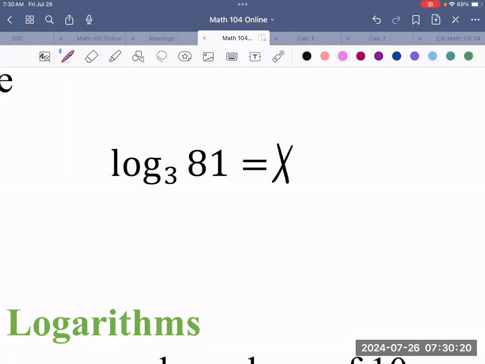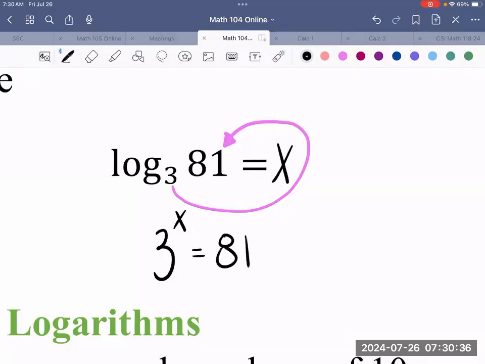So we can certainly swoop, starting at your base of 3, coming up and around x and landing on 81. So this just means we have 3 to the x is equal to 81. Now we're going to figure out, with the skills that we had from our last page, 3 multiplied how many times by itself gets you to 81?